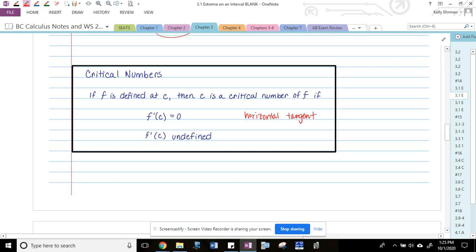Or if f prime of c is undefined. This could be a sharp turn, or it could be a vertical tangent. I'm not going to write unbounded here because remember, our original f of x is supposed to be continuous if we're talking about relative extrema. So having something unbounded would not be a possibility for an extremum.